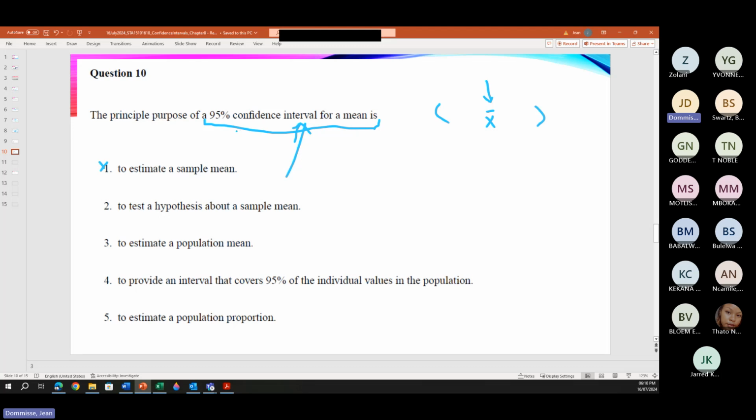That is not what a confidence interval does. So it's not that. To estimate a population mean, that is correct. So it estimates a population mean. To provide an interval that covers 95% of the individual values of the population.